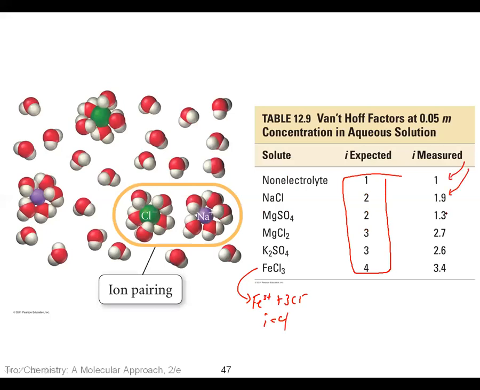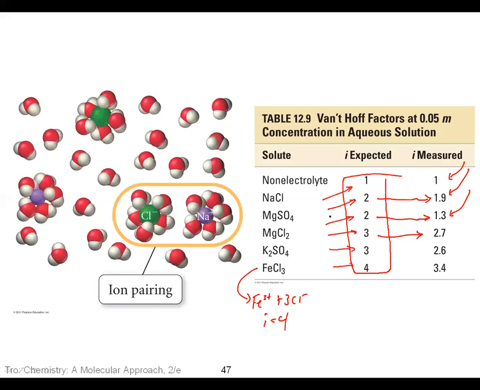So you can see here, sodium chloride, you actually get 1.9 when you do it. Magnesium sulfate, you actually get 1.3 experimentally, 2.7 for this guy. So experimentally, the i values when they're calculated are slightly different than what would be predicted based off of the formula. But for calculations that you do, you pretty much could just base it off the formula.